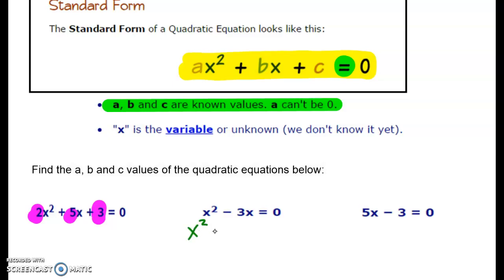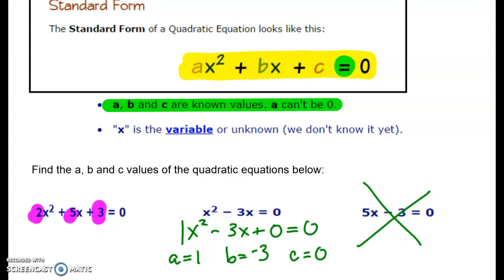What's happening here, if we would rewrite it in the form that we're looking at, plus c, there is no c, so it's 0. So in this case, we could say a equals 1, b equals -3, don't forget the negative, and c in this case is 0. The last one, well, I look at it and there's no variable squared. This is not a quadratic equation.